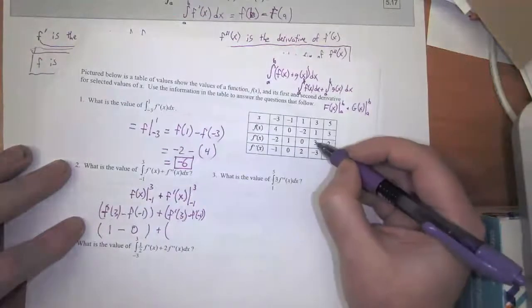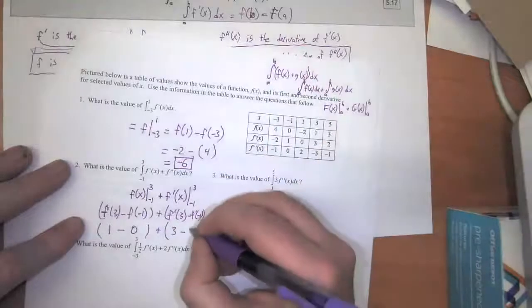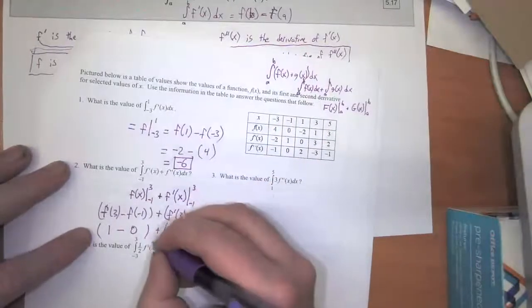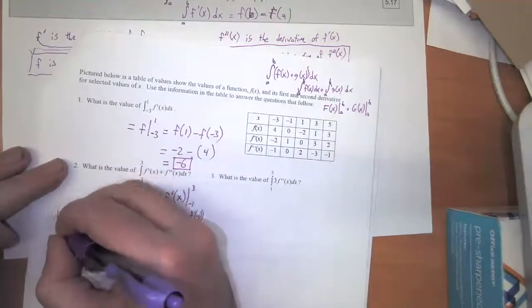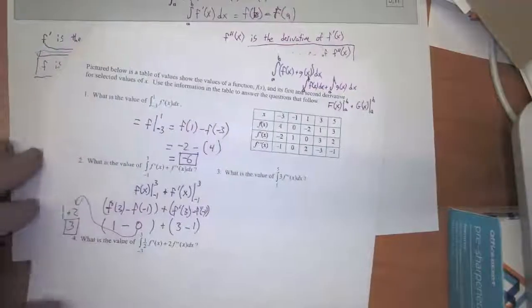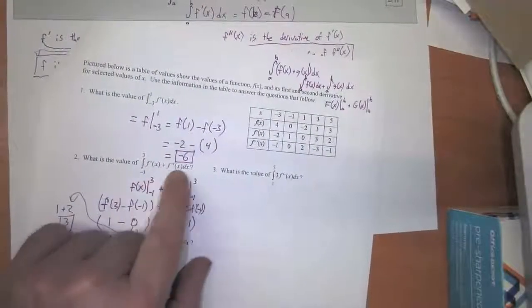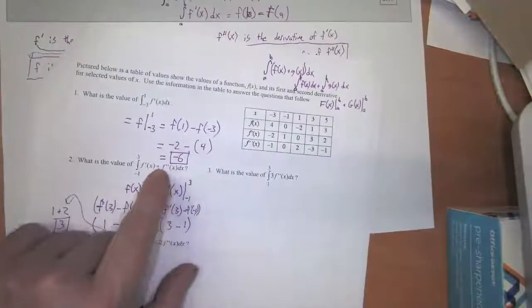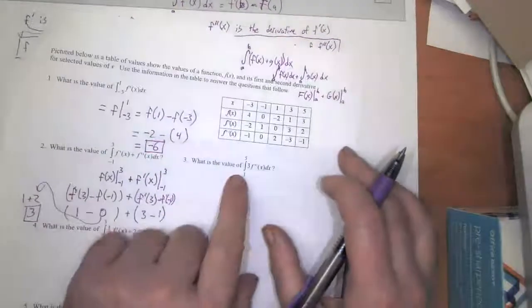F prime of 3 is 3. F prime of -1 is 1. So that is 1 plus 2, or a final answer of 3. So we find the definite integral of the sum of two functions by breaking it into two individual functions and finding the integrals of both.